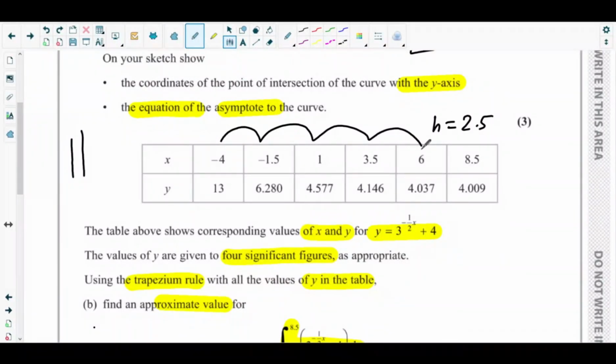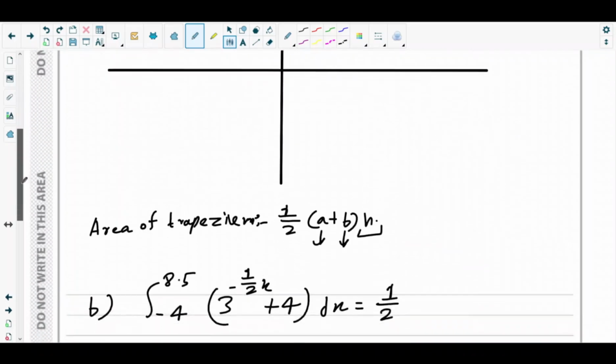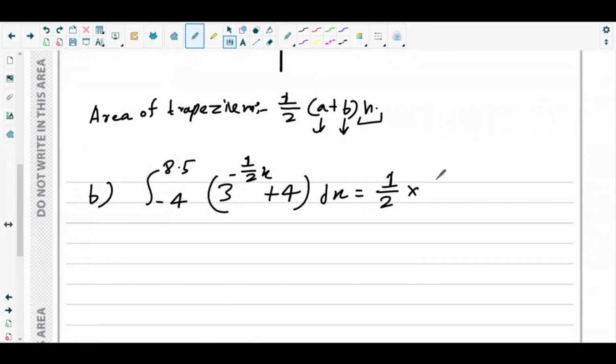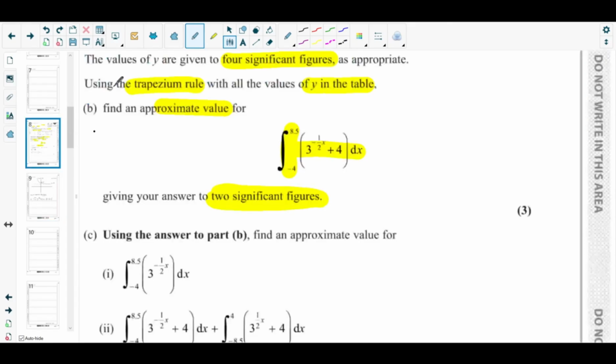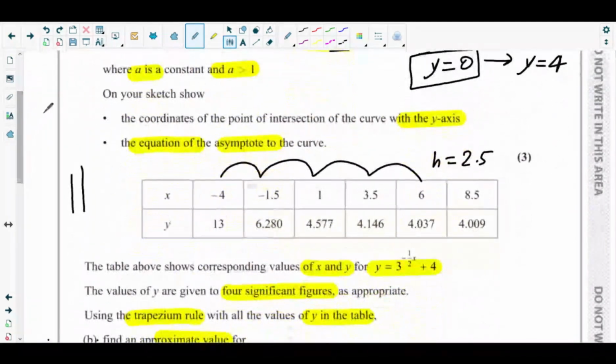The width of the strips is 2.5. So h is 2.5, which is 5 over 2, and then we take it common and write a second bracket. In the area of a trapezium, the height of the first strip will not repeat twice, so it is alone.